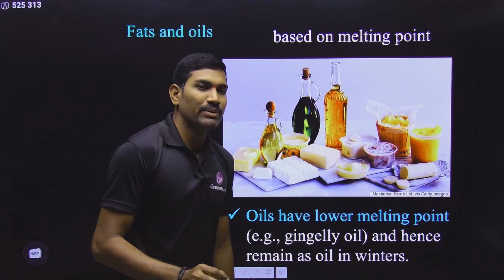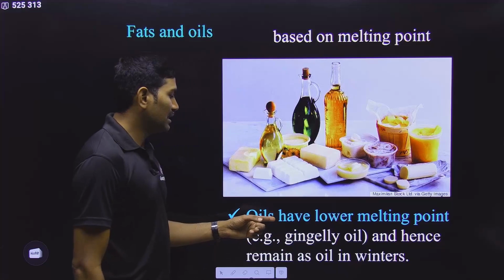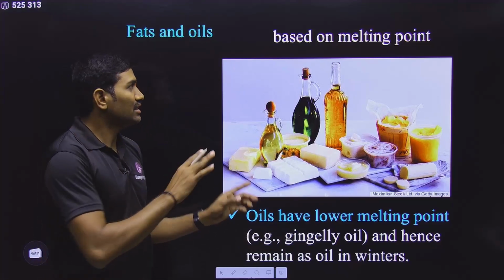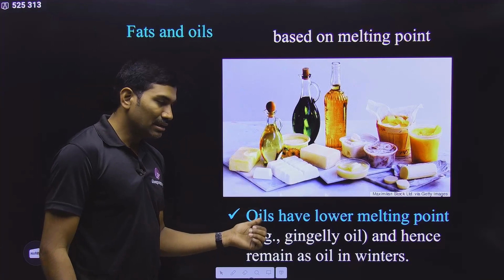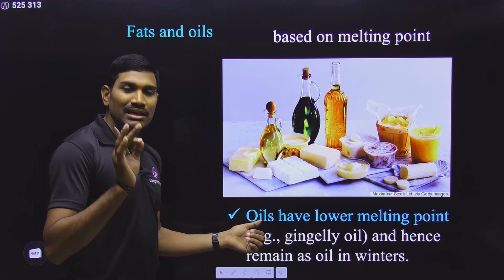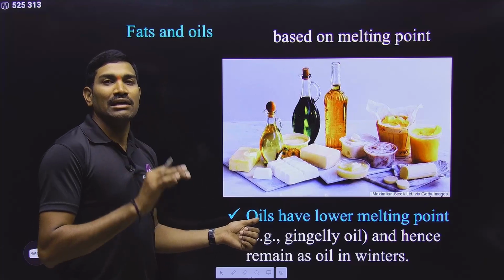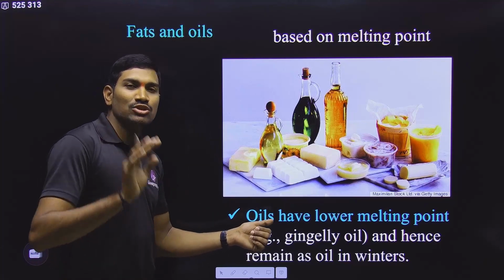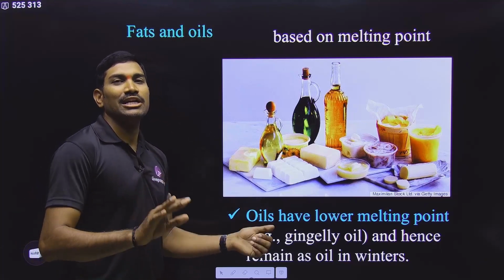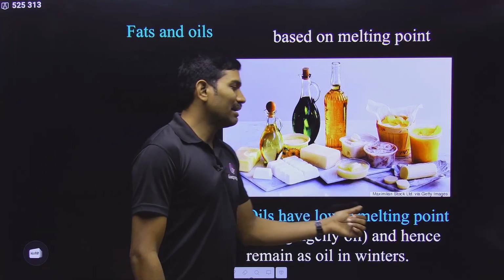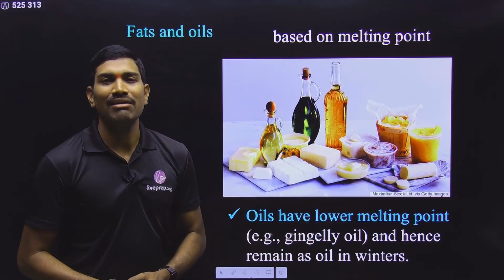So at room temperature, if it is present in liquid form, it is called oil. With respect to the lipids we are talking about, the lipid that is present in liquid form at room temperature is called oil. If the lipid is present in solid form at room temperature, it is called a fat. Based on this, oils have a lower melting point and fats have a higher melting point.